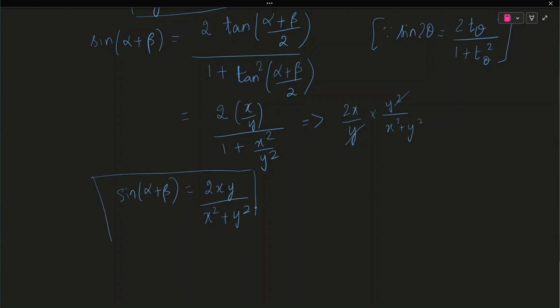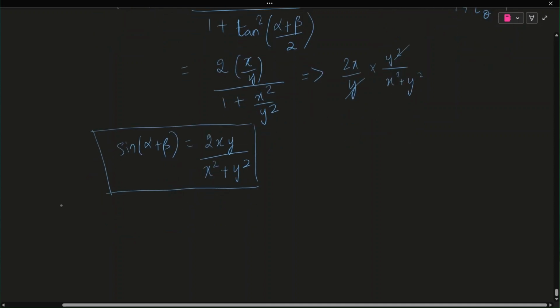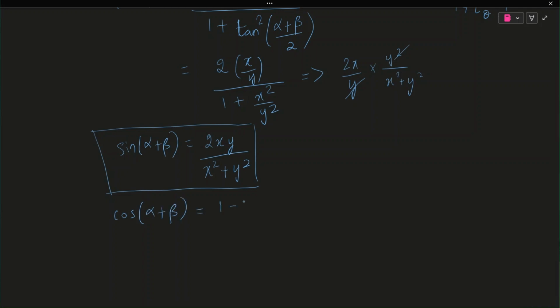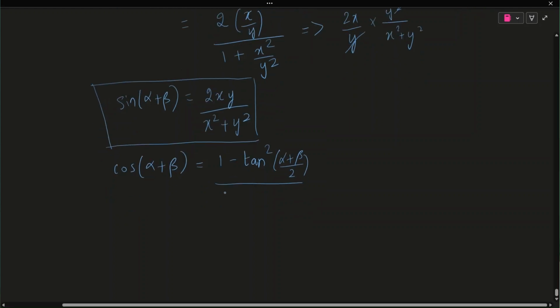And from this we can deduce the cos of alpha plus beta, which is 1 minus tan square (alpha plus beta) by 2 divided by 1 plus tan square (alpha plus beta) by 2.